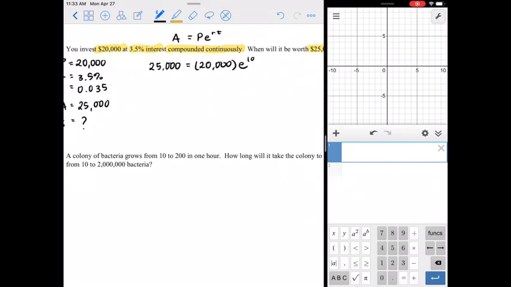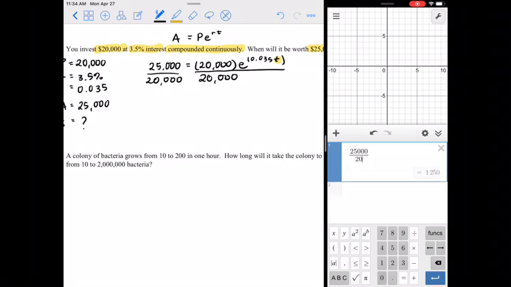Raised to the 0.035 T. So again, once again, T is in our exponent. So what we want to do to solve this exponential equation is divide both sides by 20,000. And so we would get 25,000 divided by 20,000 is 1.25.